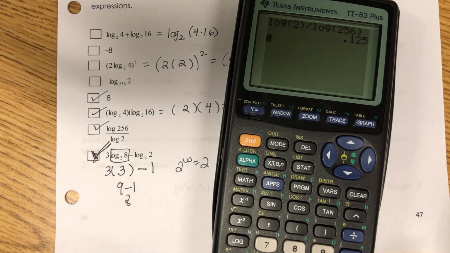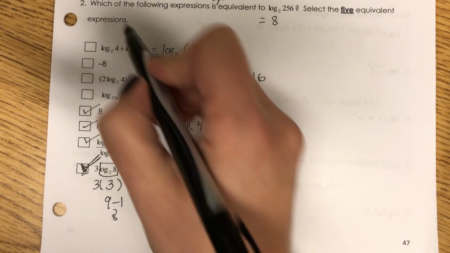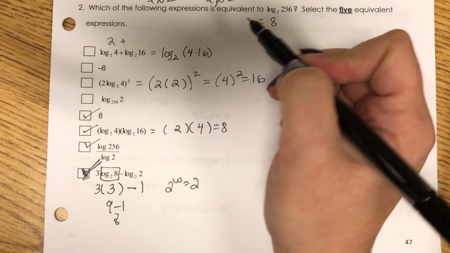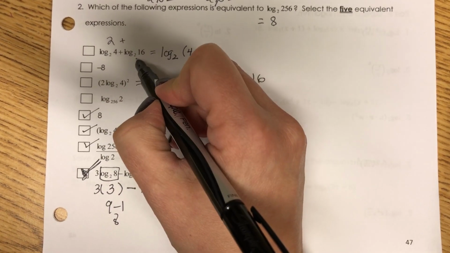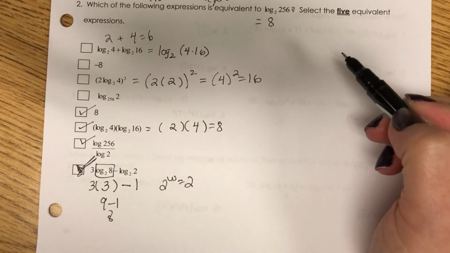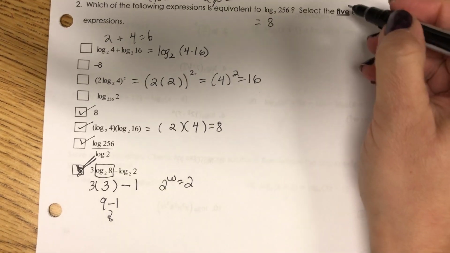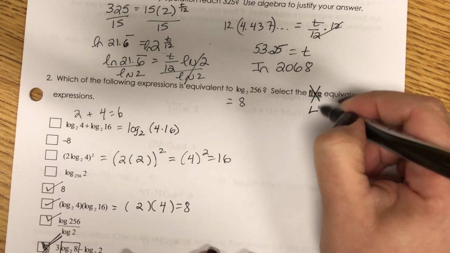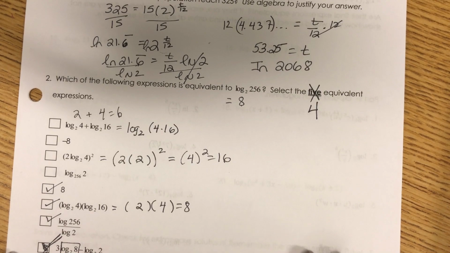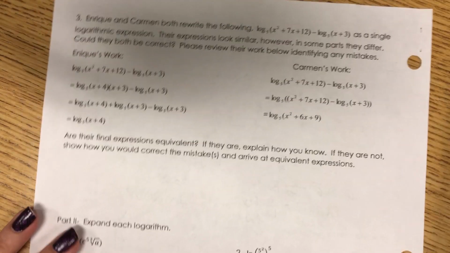Nope, that's not 8. I think there's only 4 equivalent. I'm going to change the directions. If I'm wrong, I'll put a comment in the video once I upload it to YouTube. All right, let's see what's next.